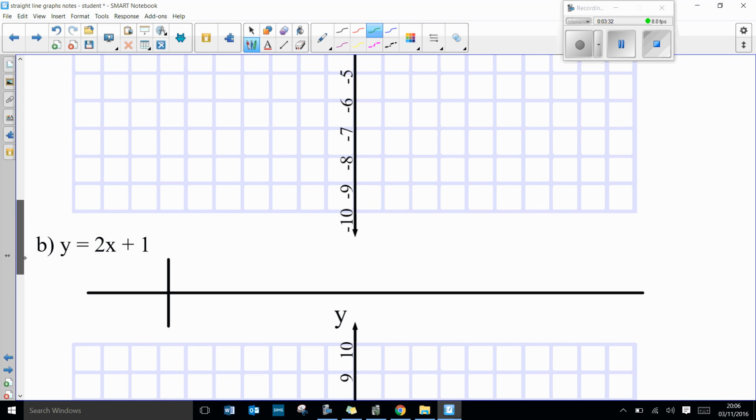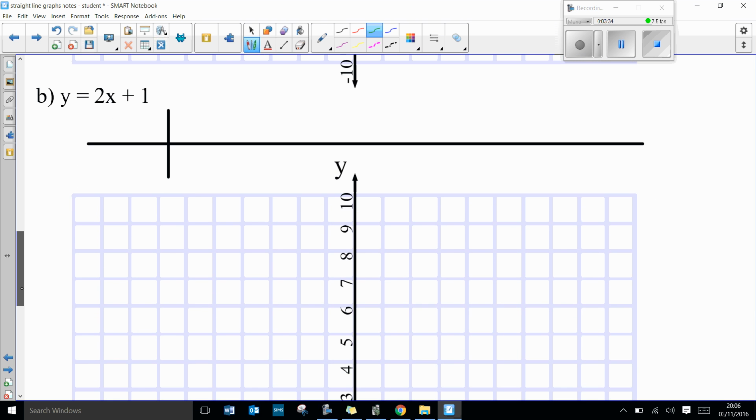Okay, here's another line, a different rule this time. So again, x is on the top, y is on the bottom. So -5, -4, -3.